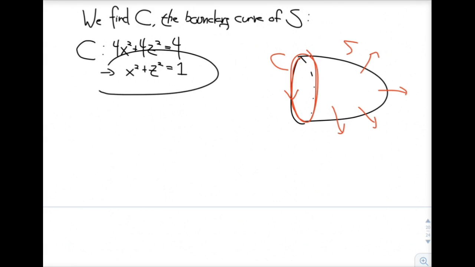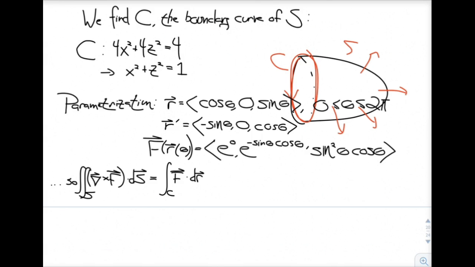And now we still need to find a parameterization. We need some function r, which is a function of a single parameter, which describes the curve C. Well, we've done this many, many times. This is still just a parameterization in terms of sine and cosine of some parameter, because it's a circle. Here's what it looks like. x should be cosine theta and z should be sine theta.